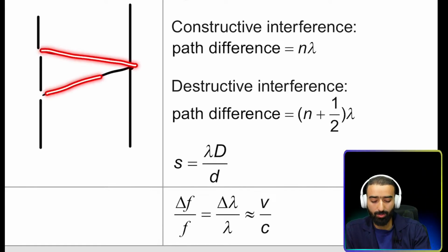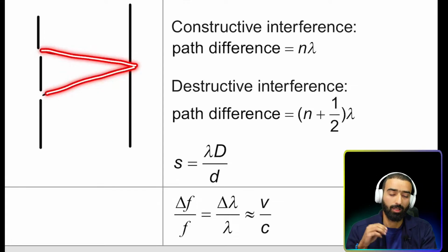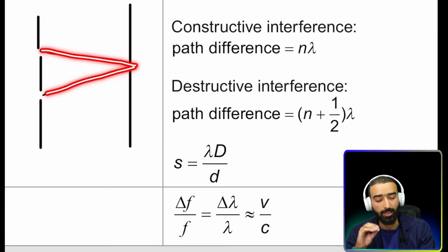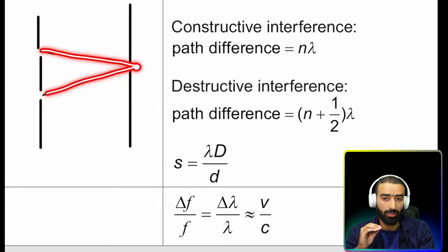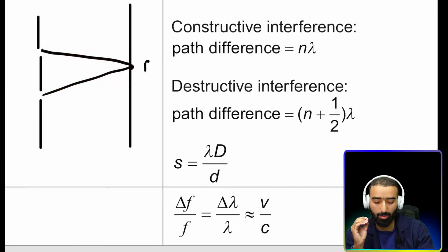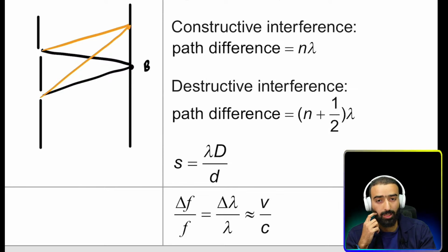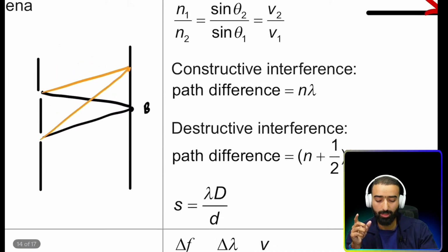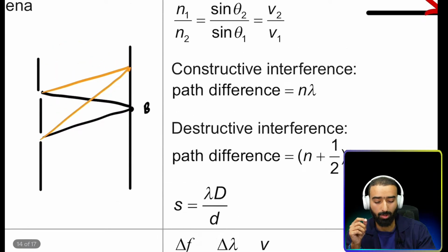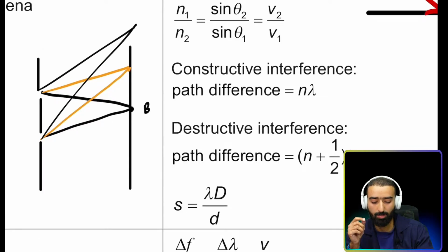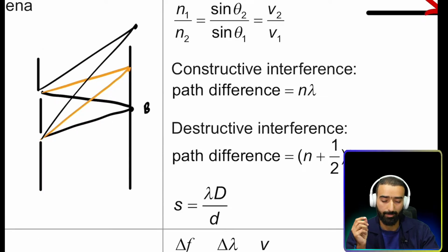Whenever these two rays interact and we have constructive interference, you'll see a bright spot. Whenever they interfere and are out of phase, we'll see a dark spot. So this pattern keeps on repeating: bright spot, dark spot, bright spot, dark spot.